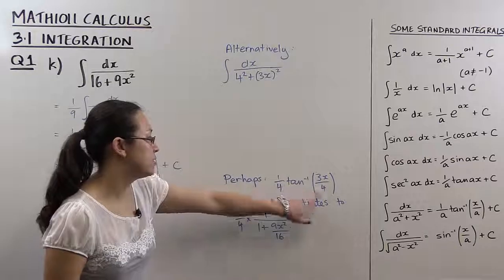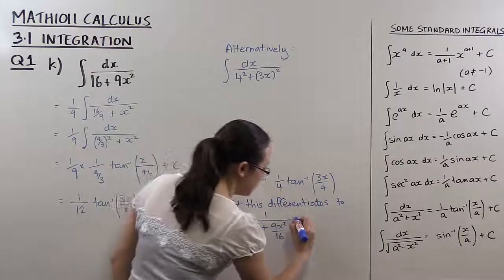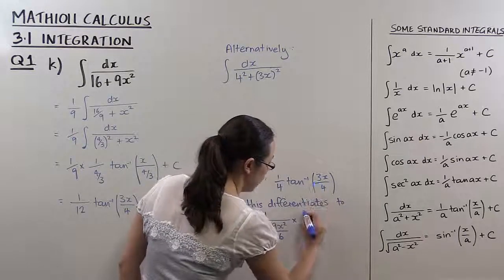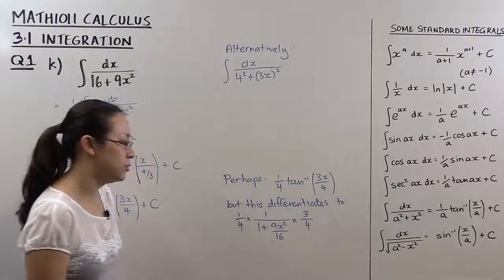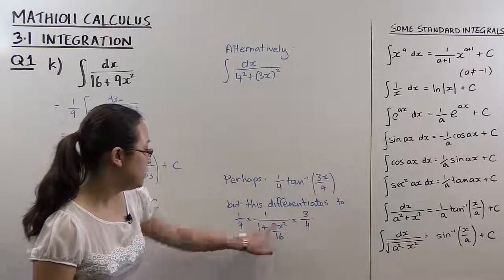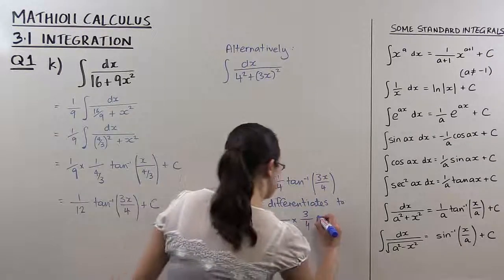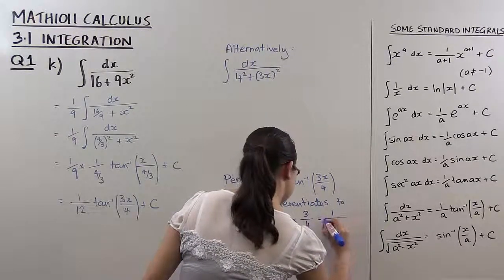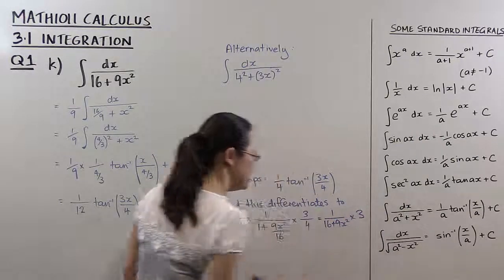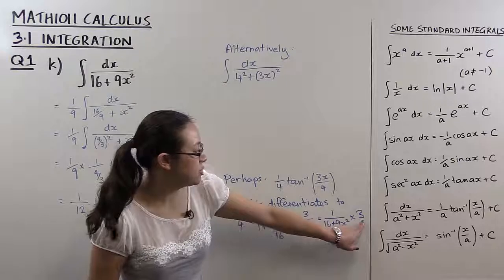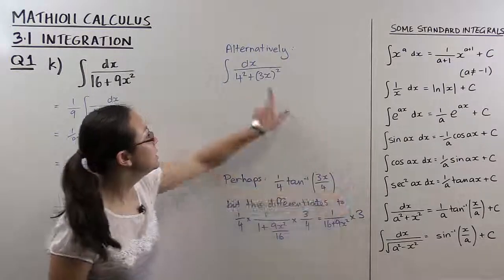Right, so 3x on 4 all squared. In addition, the chain rule says I would need to multiply by the derivative of the inside function, so I'd need to multiply by a quarter. This 4 by 4 is 16, so this simplifies to 1 on 16 plus 9x squared times a 3. Right? You can see there's an extra 3 here. That didn't have the 3.